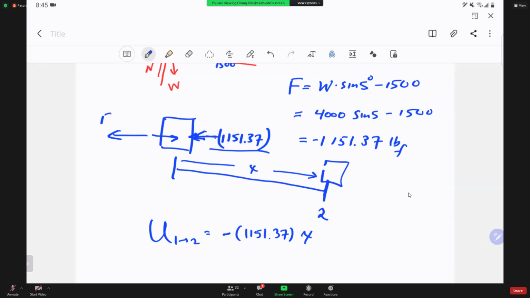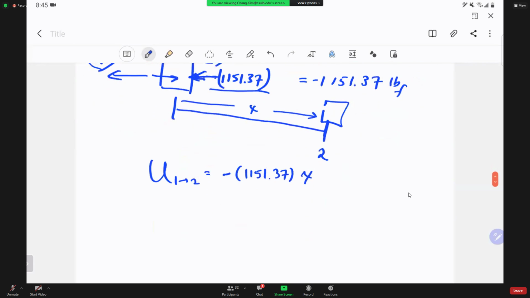Because this is the force and this is the direction that you are going. If it is completely opposite, then work done by the force is negative.